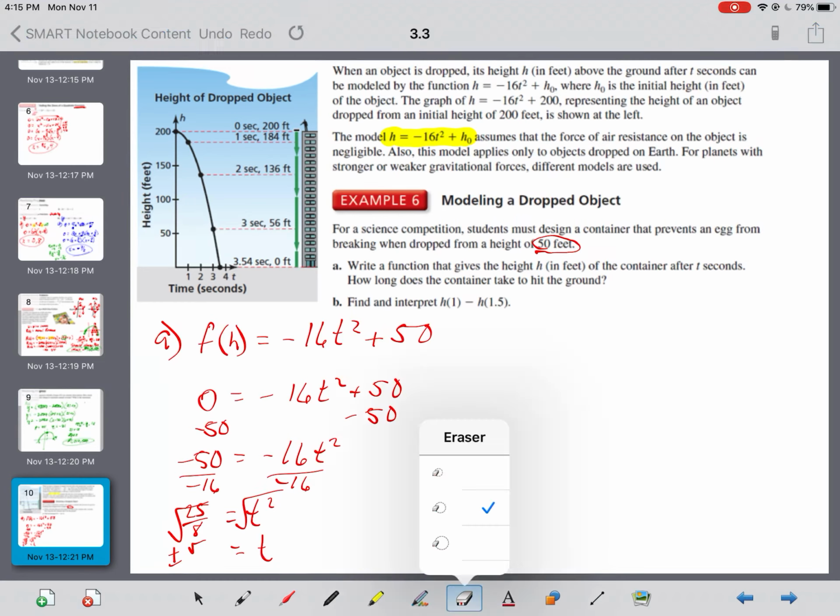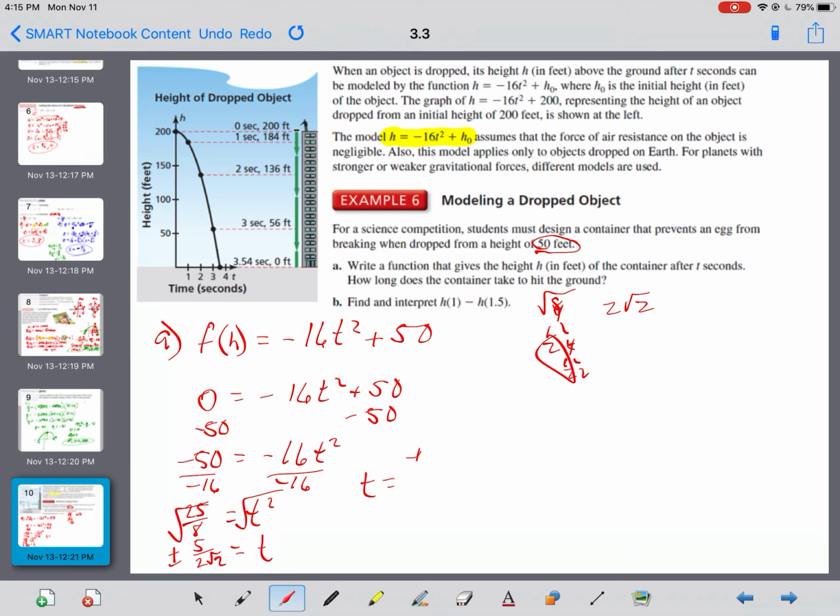Square root of 25 is 5. 5 over square root of 8. Square root of 8 is 2 square roots of 2. So t equals plus or minus 5 over 2 square roots of 2.